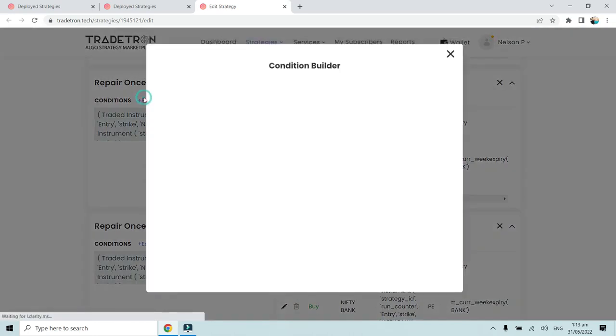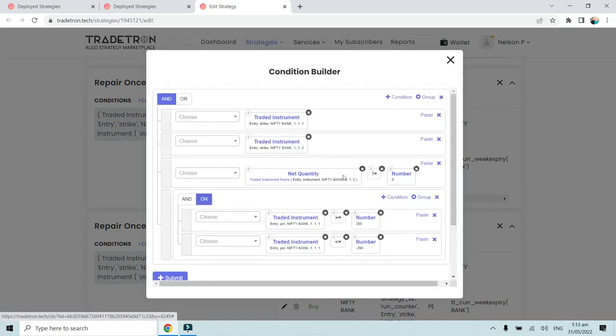Now in the first repair ones, we are checking that the net quantity of 112, the put leg, should not be equal to 0. That means there should be an open leg, and that leg number 1 and 2 should have been traded, so the strikes of 111 and 112 have been traded.